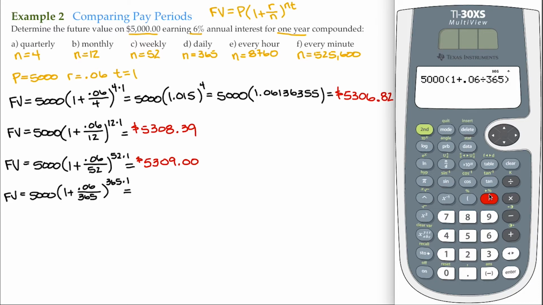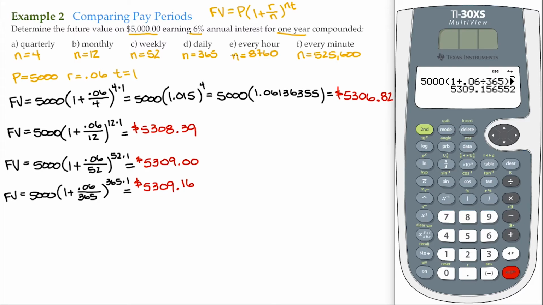See it there? Then we'll raise it to the 365th power. Hit enter. So now we have $5,309.16. So the difference between the rate of return is getting smaller. Here to here, $1.57. Here to here, 61 cents. Here to here, only a difference of 16 cents.